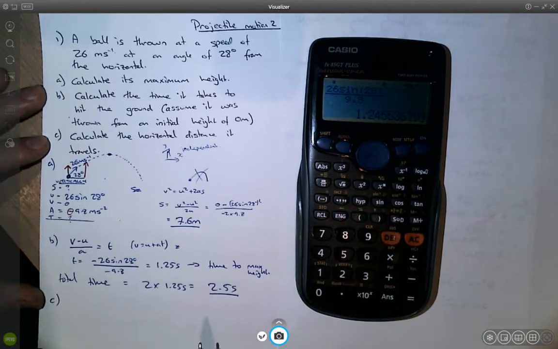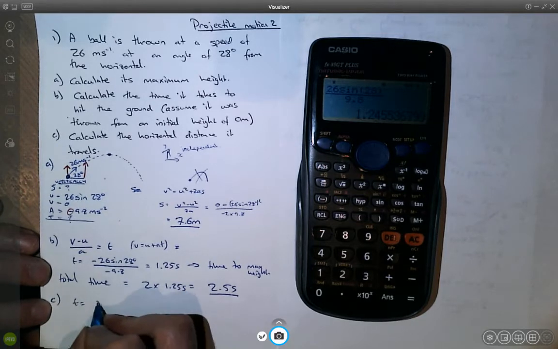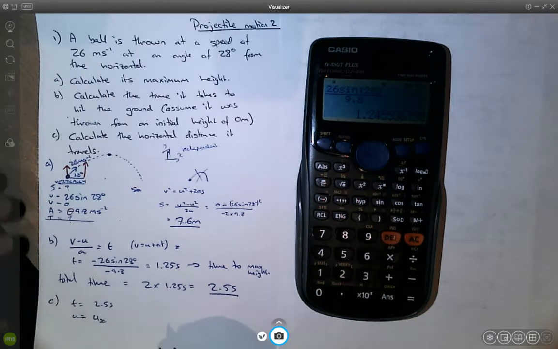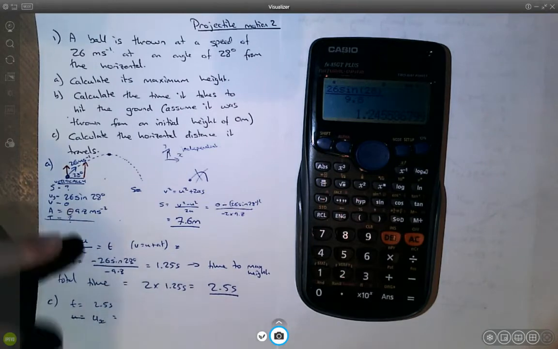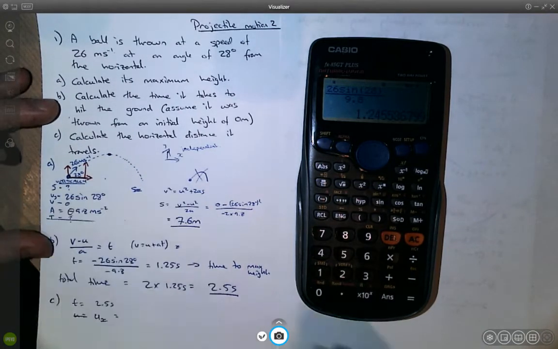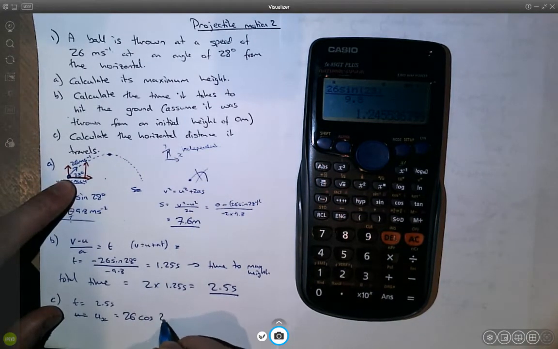Part C, calculate the horizontal distance it travels. Well, this is really easy now. We've got the time, 2.5 seconds. We've got the horizontal speed. Maybe I should put UY there. I'm going to use UX to work out the horizontal speed. We want this component here, the horizontal component, so that's going to be 26 cos 28 degrees.